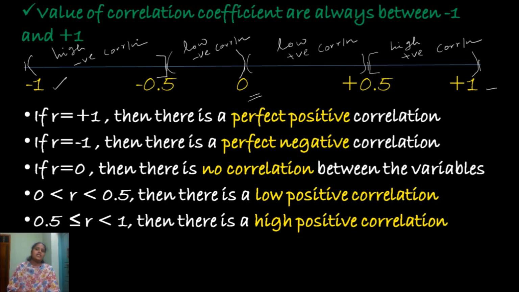So based on the value of r, we can identify the strength of relationship between the two variables. That is, how closely the two variables are related to each other.